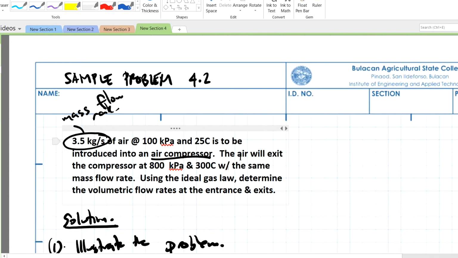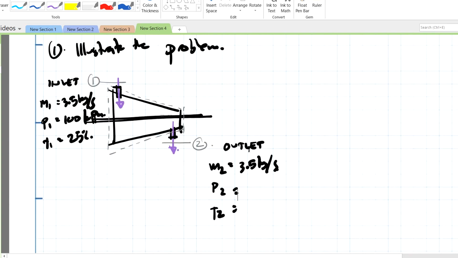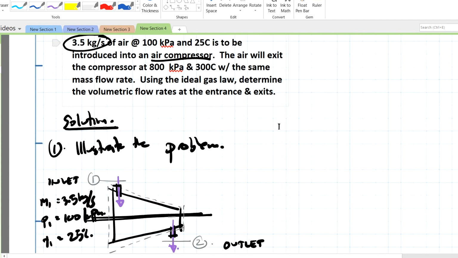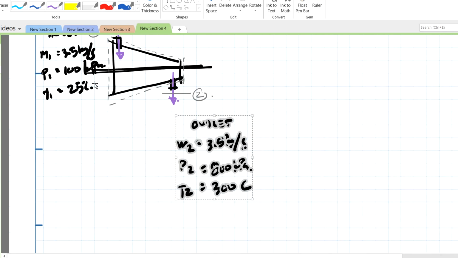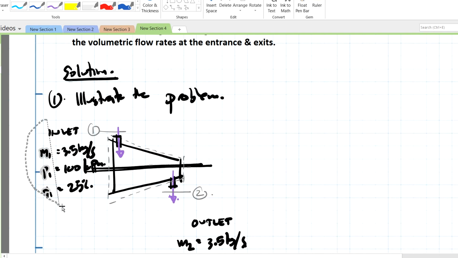So 800 kPa and 300 Celsius. I think I have to change the position of this and also this.